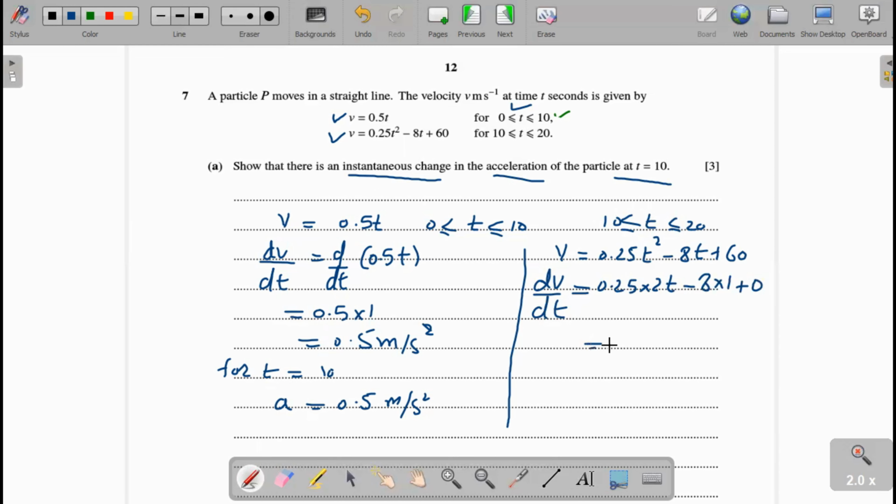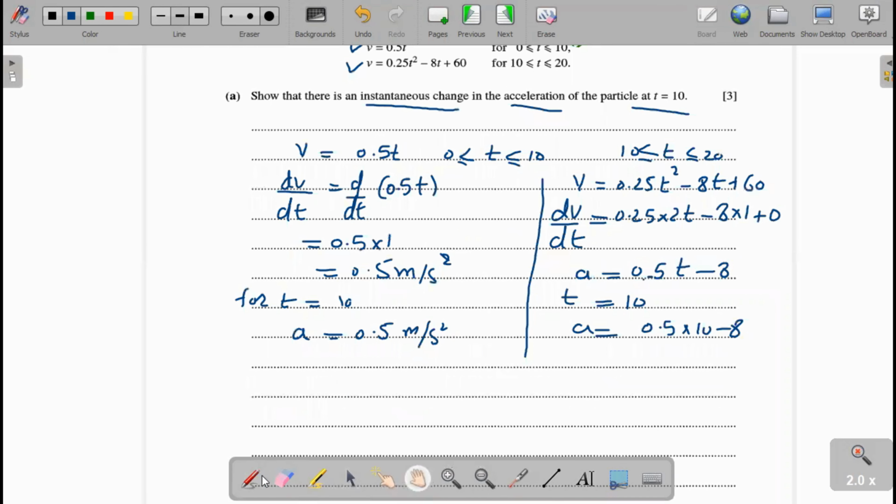We get 0.5t minus 8, and this is the acceleration for t equal to 10. That value becomes 0.5 multiplied by 10 minus 8, which is 5 minus 8, that is minus 3 meter per second square.